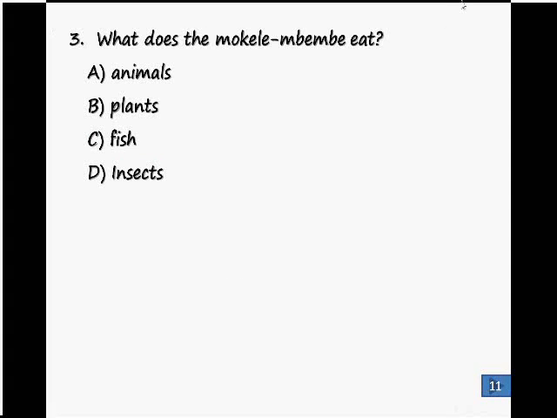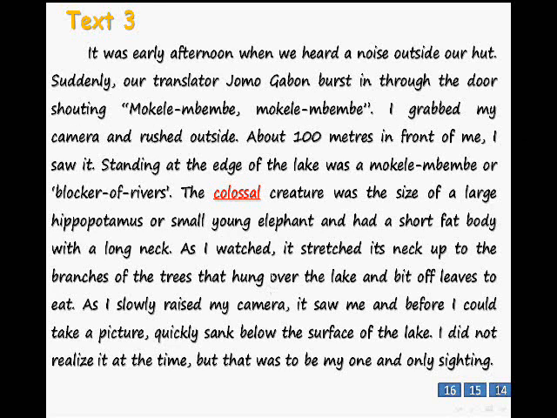Number 3. What does this animal eat? So again, here we have eat. And very easily, we go back to the text. You continue reading or skimming through the first paragraph in order to know the kind of food it eats.